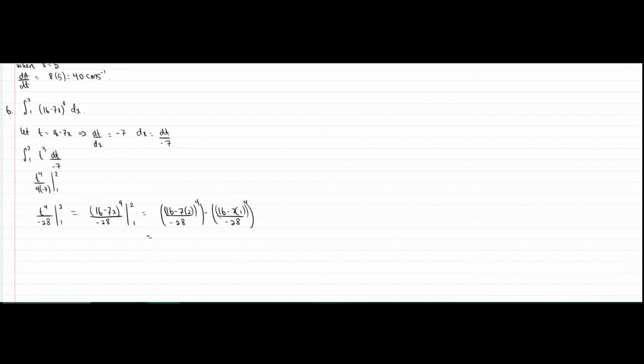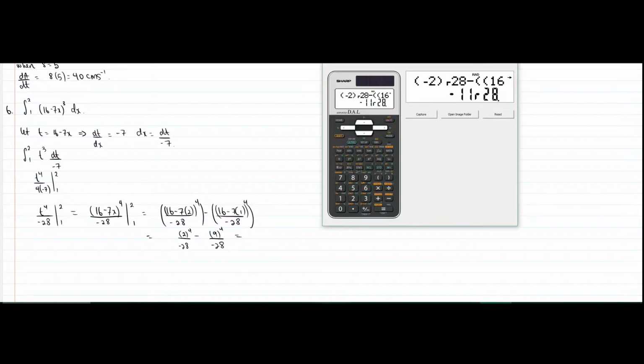Nice small thing. So we have 2 to the power 4 over minus 28, take away 16 minus 7, that was 9. I guess 16 minus 7 is 11 last time. 9 to the power 4 over minus 28. Two to the power 4 is 16.